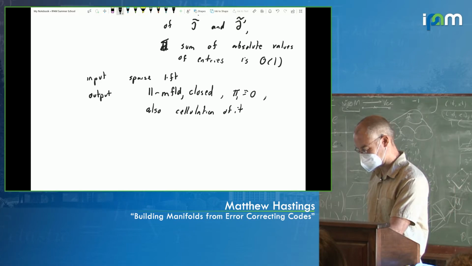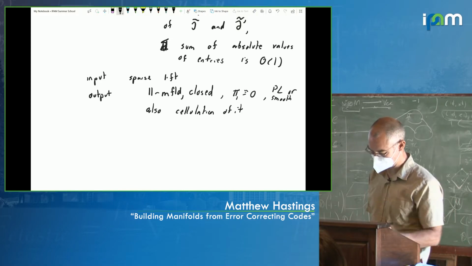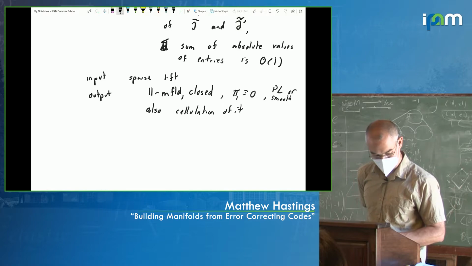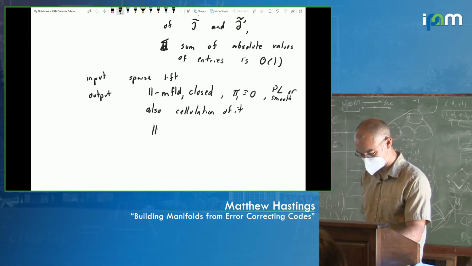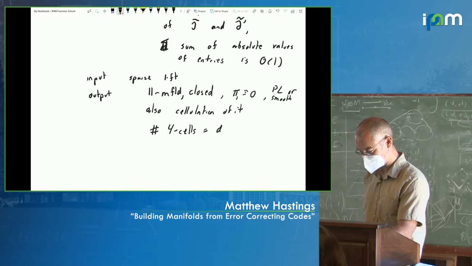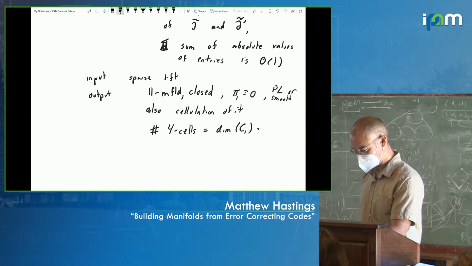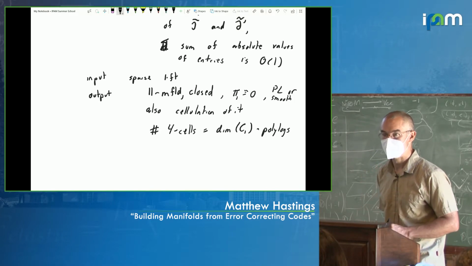The manifold, I think, can be chosen to be PL or smooth, as desired. It will give you a cellulation of the manifold such that the number of 4 cells is actually the dimension of this C1, the number of qubits, times polylogs. So it's almost the number of qubits, you lose some polylogs.